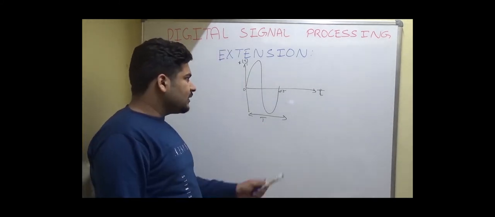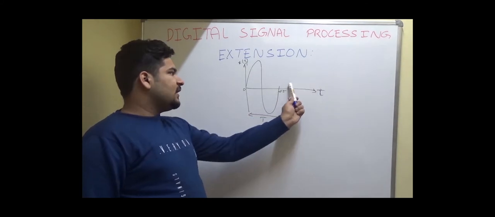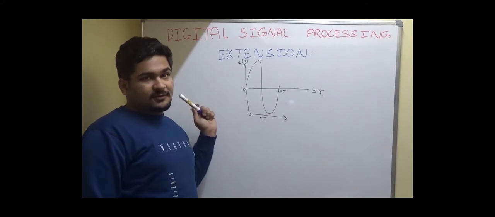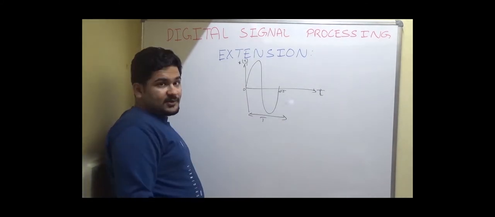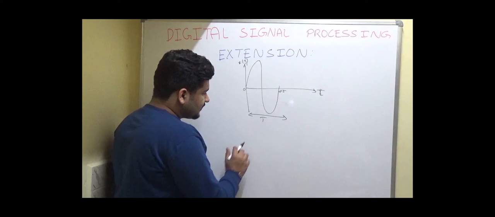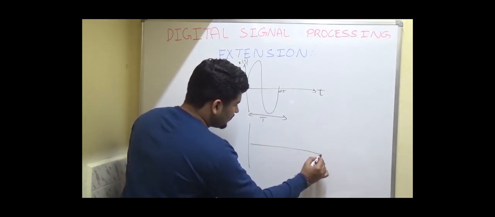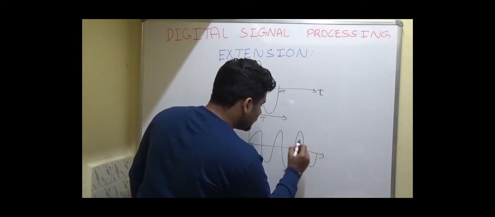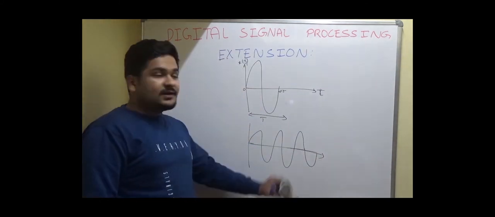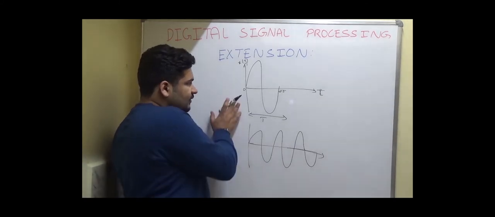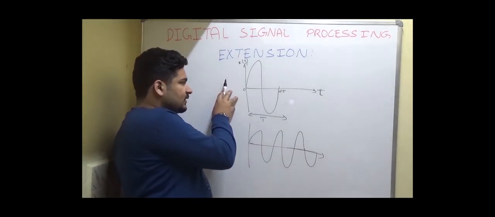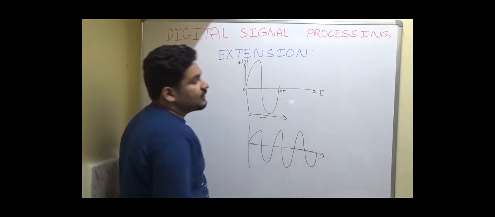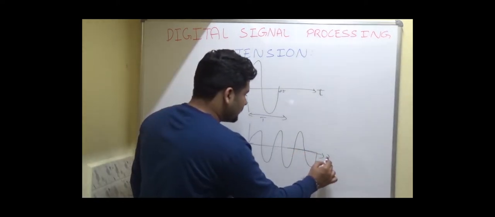Why is it non-periodic? Because the signal is not defined for t greater than 2 pi and for t less than 0. So hence it is a non-periodic signal. Now if I convert this signal to an infinite periodic signal, then I can tell the signal is converted from a non-periodic signal which is finite to a signal which is infinite and periodic as well.